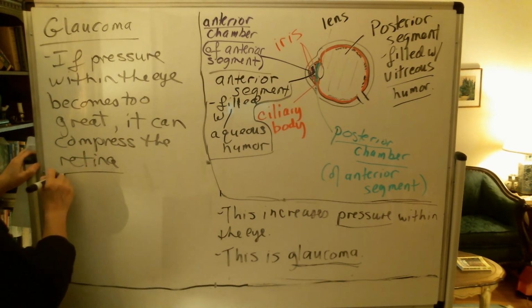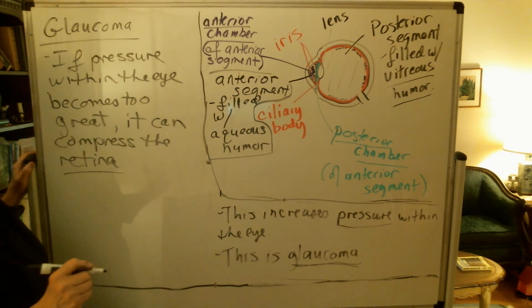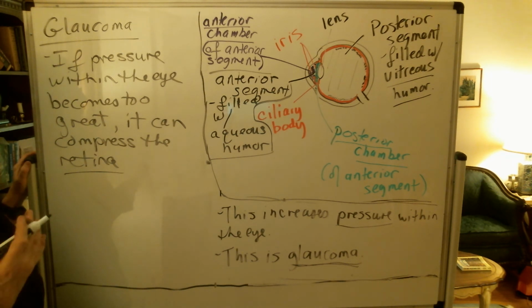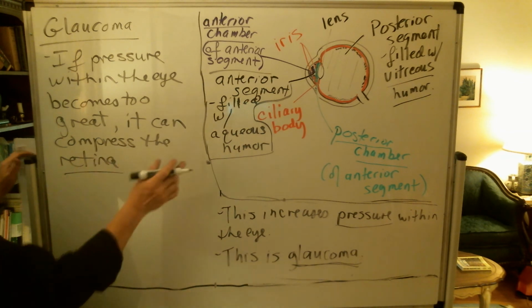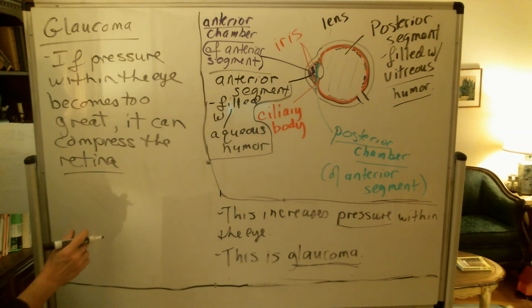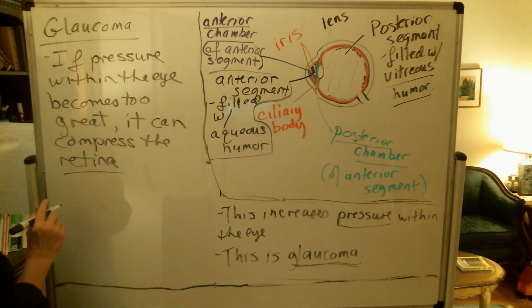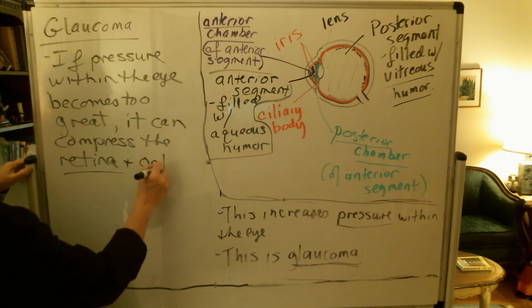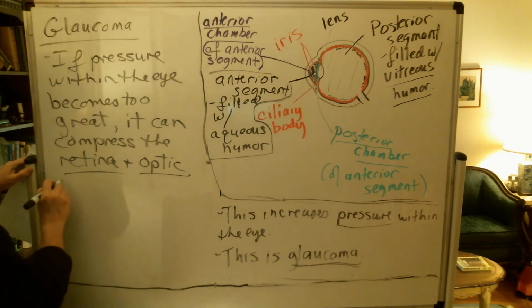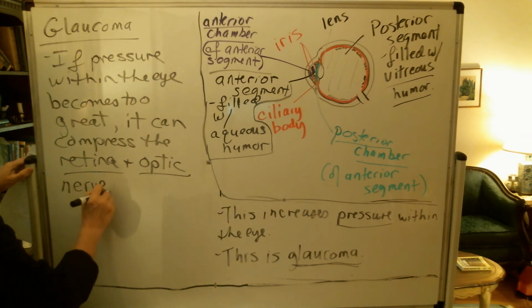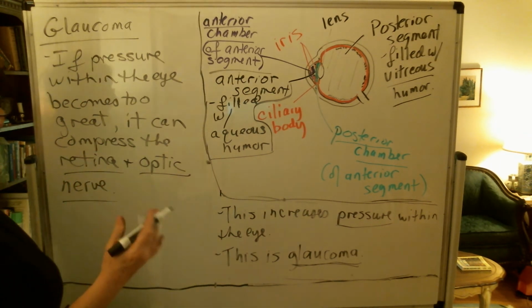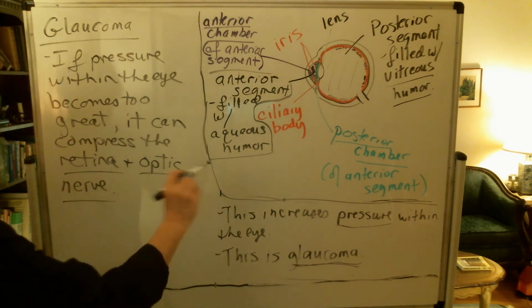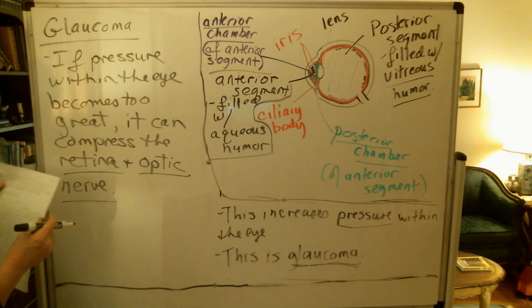The retina, as you recall, is the sensory tunic. The sensory tunic is that which responds to light. It's what allows you to see. So compressing the retina can create problems. So it can compress the retina and it can compress the optic nerve. The optic nerve is what takes that information about light from the retina and transmits it to your brain.